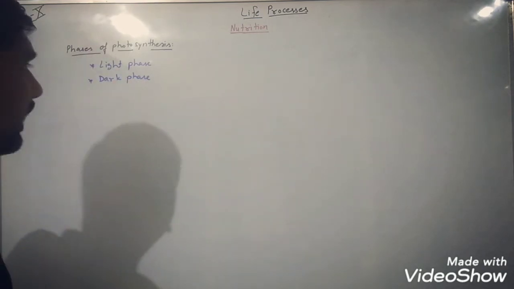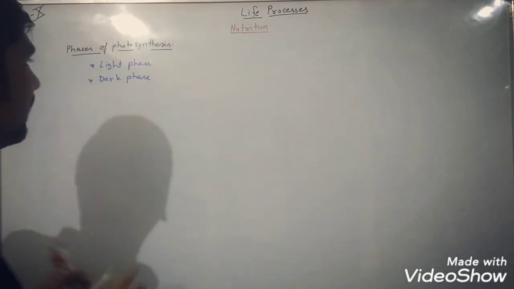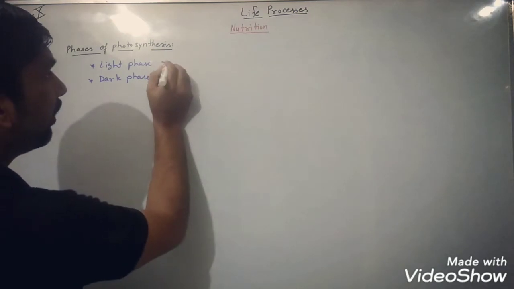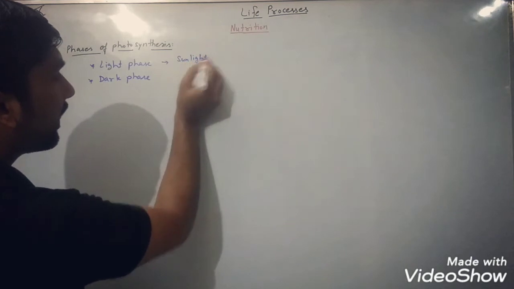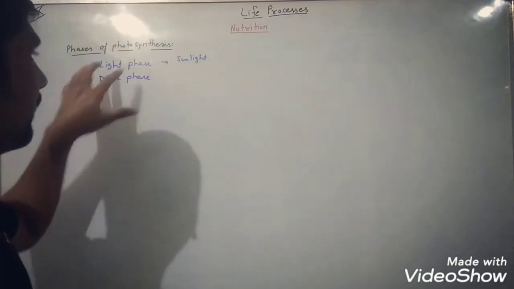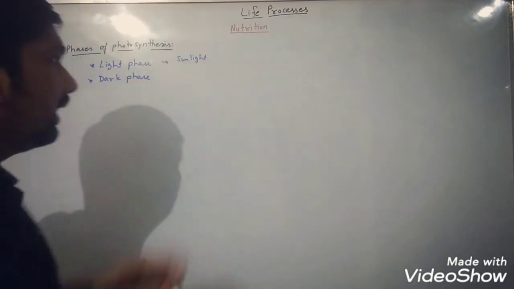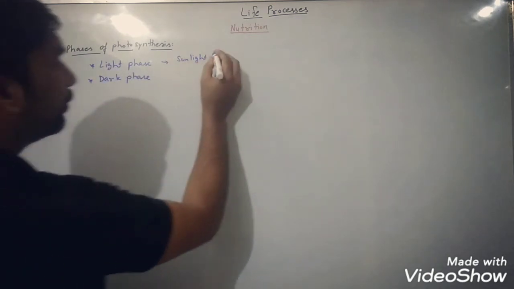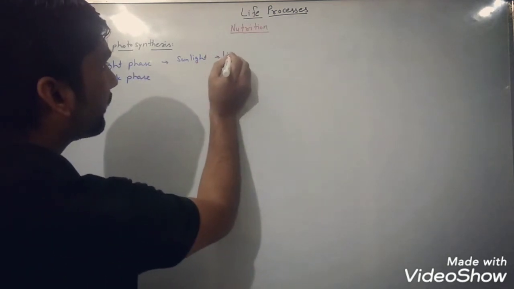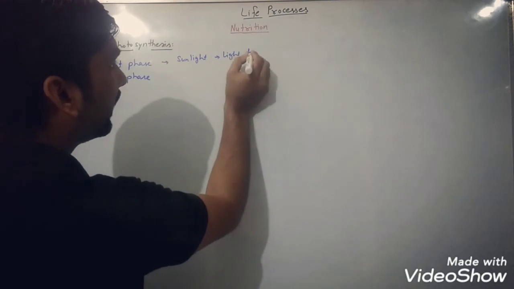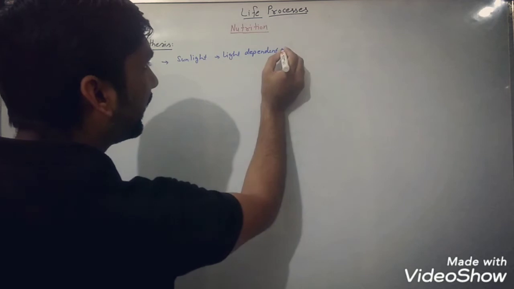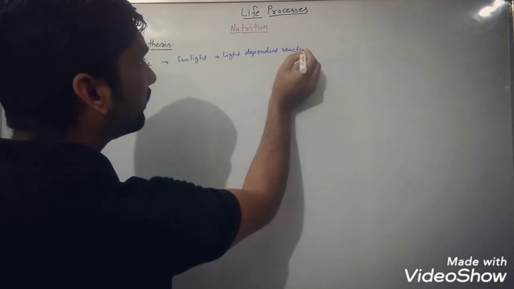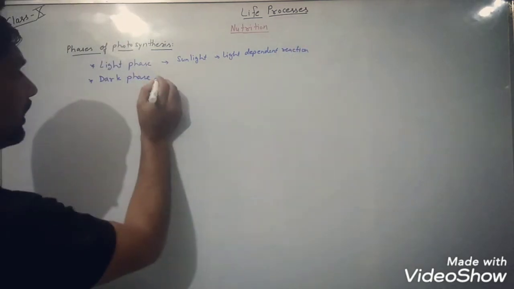From the name itself you can get an idea that in the light phase there is a compulsion of sunlight. It means this phase can be performed only during the presence of sunlight, and that's why it is also known as the light dependent phase or reaction.